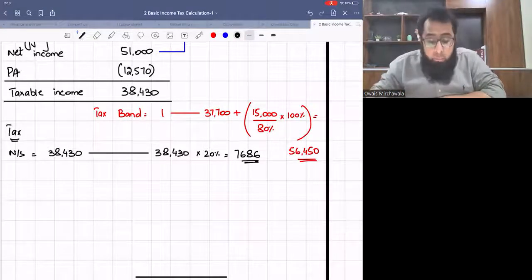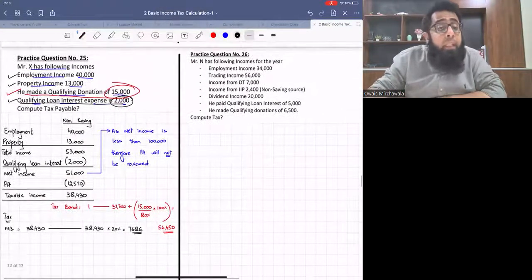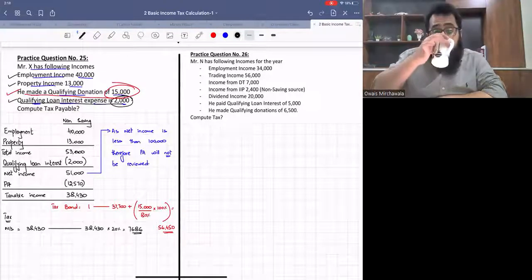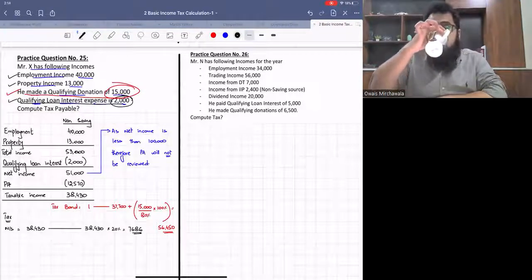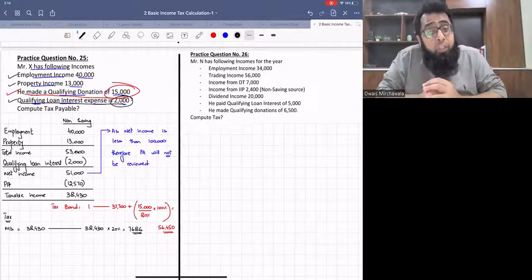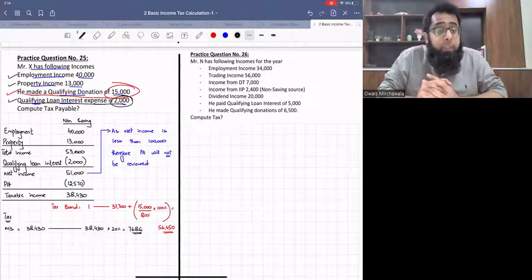So if you look at this question again, it is simply an application of the qualifying donation concept. If a person makes a qualifying donation, he gets 3 tax reliefs.